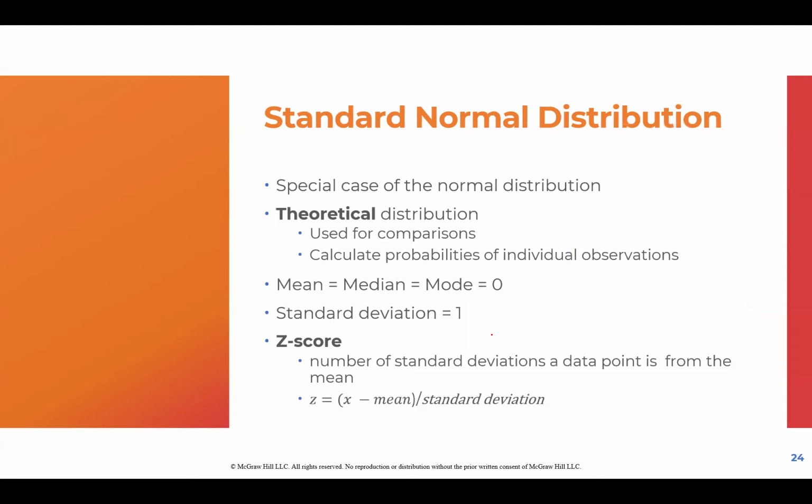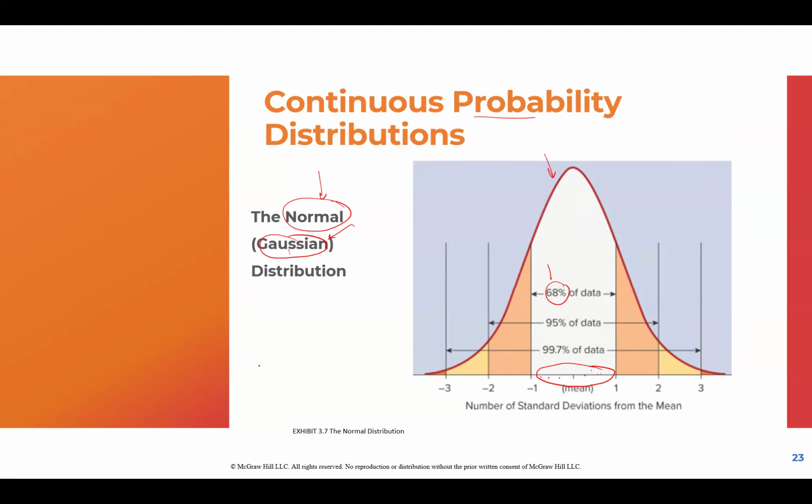The entire area under the curve is 1. The sum of all probabilities is 1. So the area here is the probability. The sum of all the area here is 1. But if you take this part here, 1 standard deviation away, plus or minus, that area here is 68%.